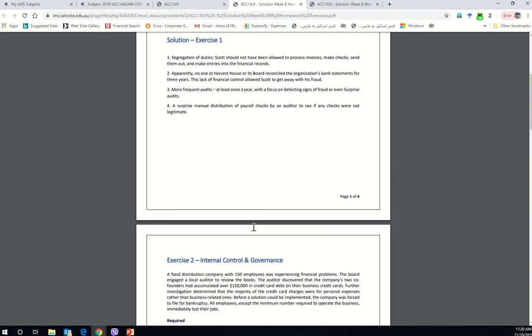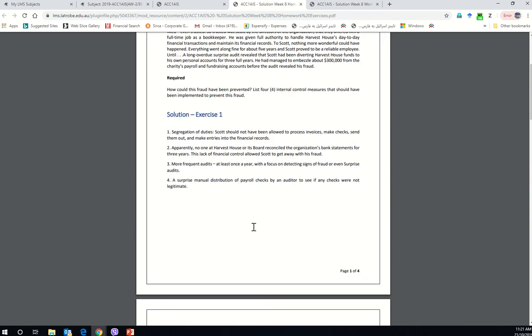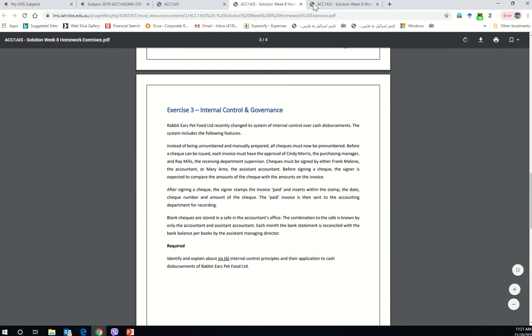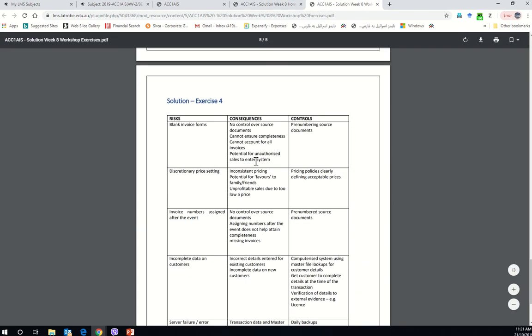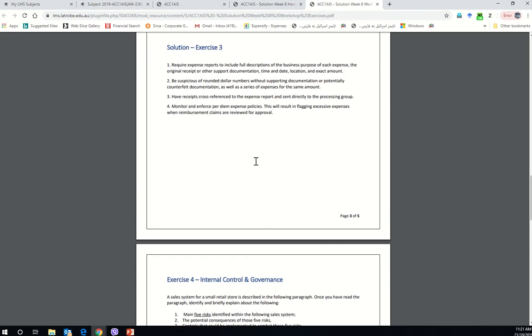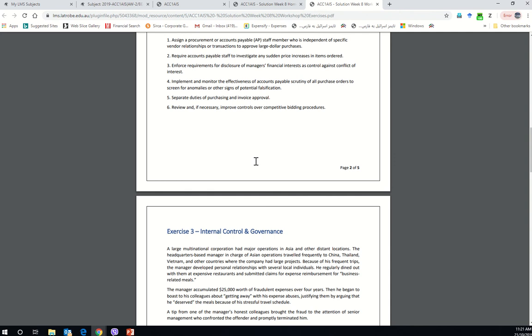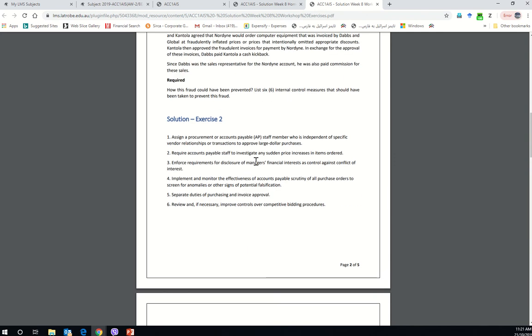So we had nearly 3 exercises in the homework and 4 exercises in the workshop. All of them are quite important, and I give equal reading time to each of them, right? So make sure you focus on each question, and you know the allocating of time to each question, right?